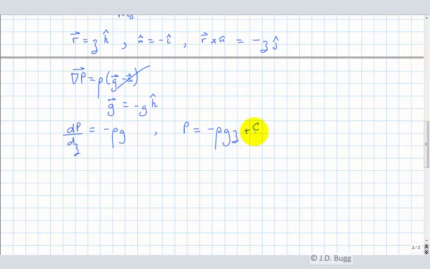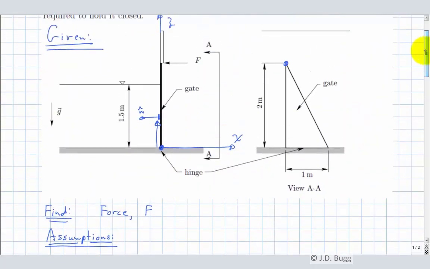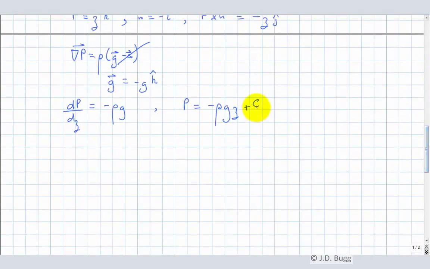Remember, to figure out the constant of integration, we need to know some point where the pressure and z are both known. So we go back and look at our diagram. When z is equal to 1.5, which is right there, the pressure is equal to 0, because that's the surface of this water. So that's the condition we use to get that constant.